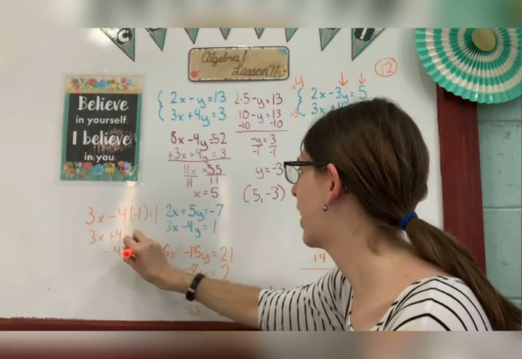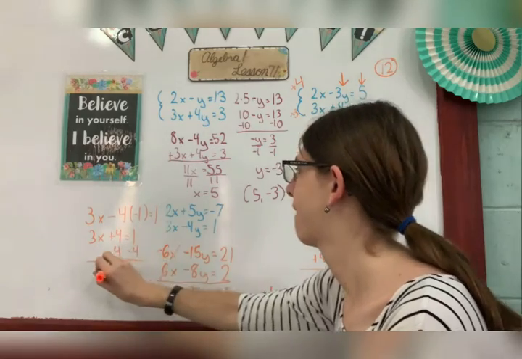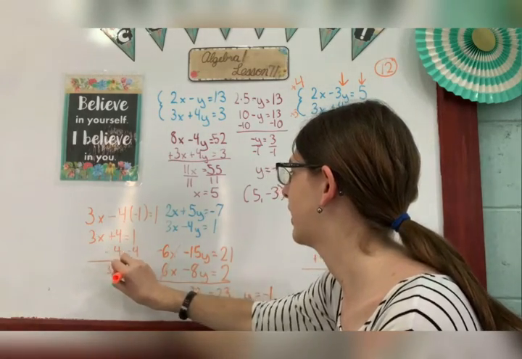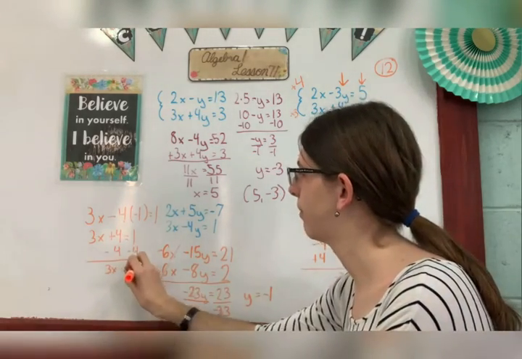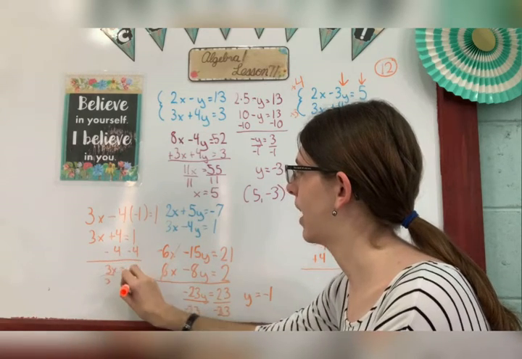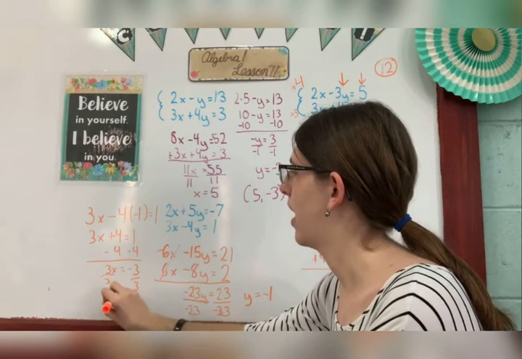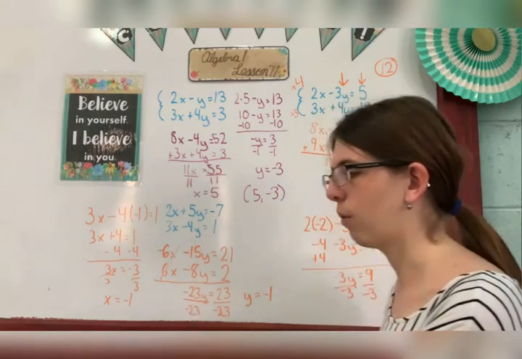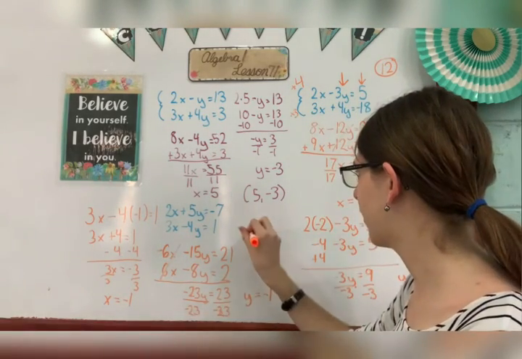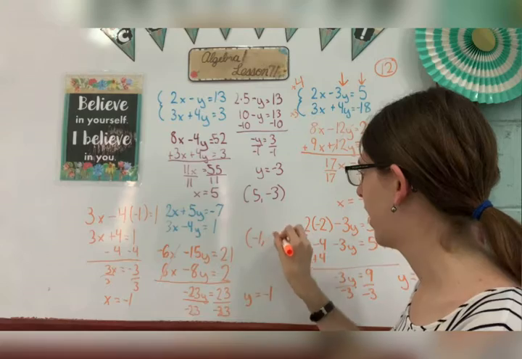Subtract 4 from both sides. 3x equals -3. Divide both sides by 3. X equals -1. So my ordered pair for this one is -1 and -1.